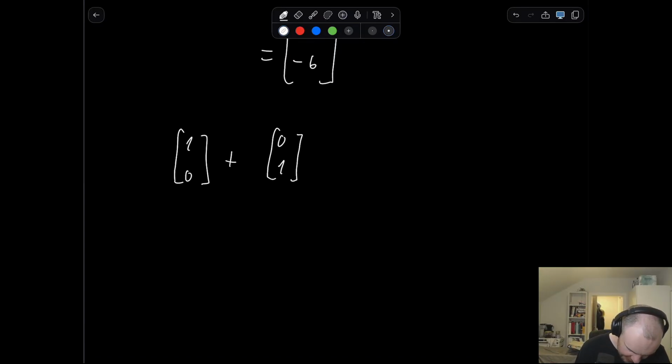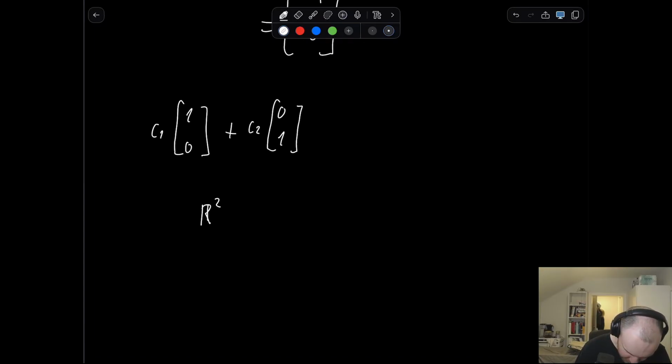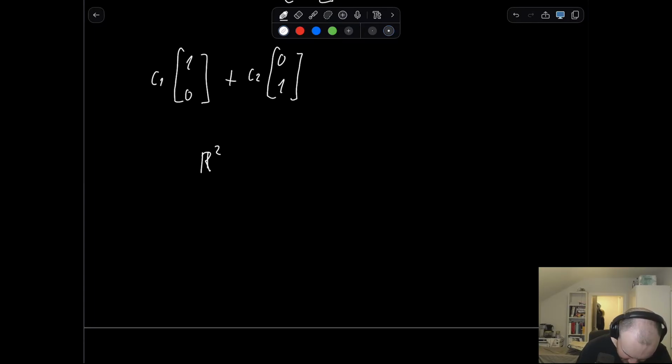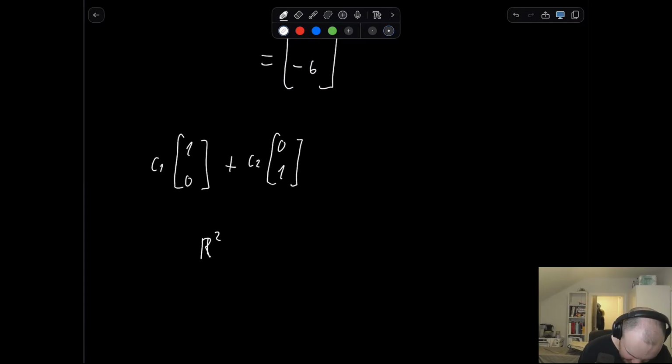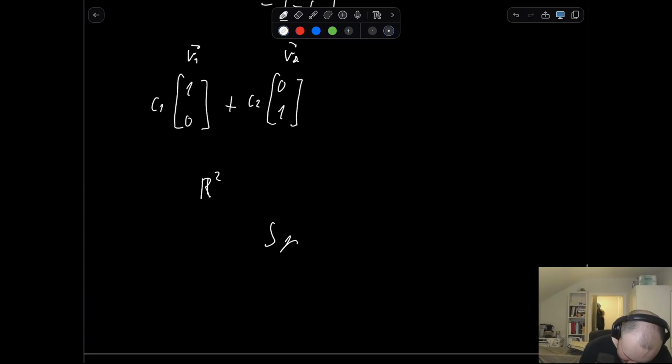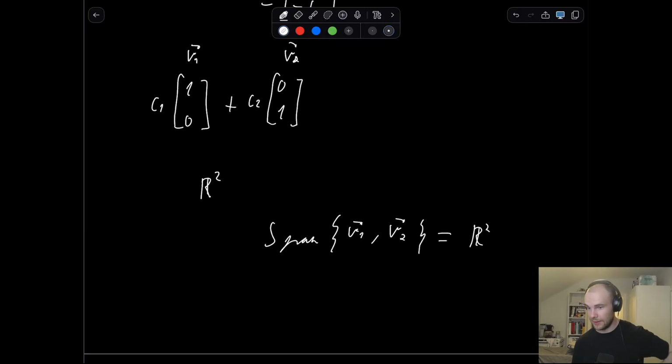Because if I had some constants C1 and C2, I could span the whole of R2, right? This means that if this one is called vector 1 and this one is called vector 2, then the span of V1, V2 in this case is equal to R2, like that. Very good.